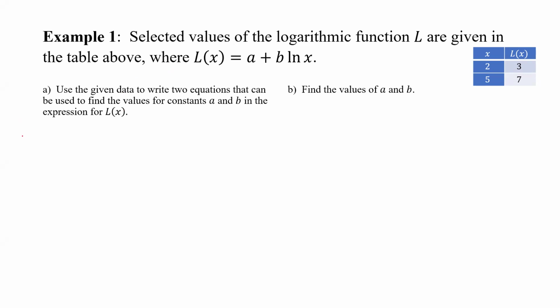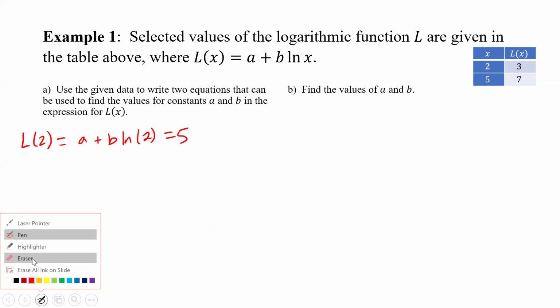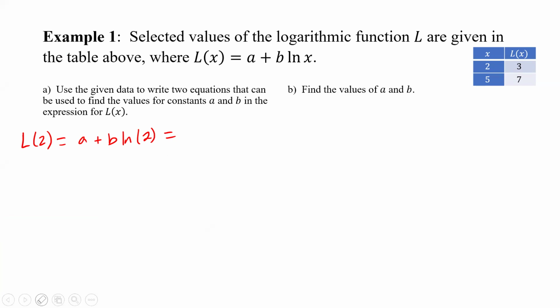So my first one would be L of 2, and L of 2 would equal a plus b times the natural log of 2 equals 3. I can count. It's a 3, my bad.